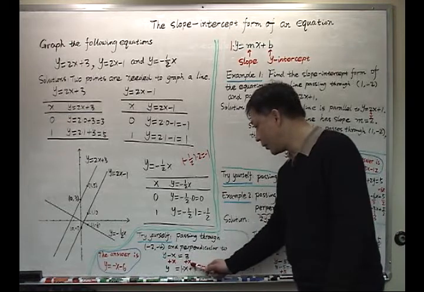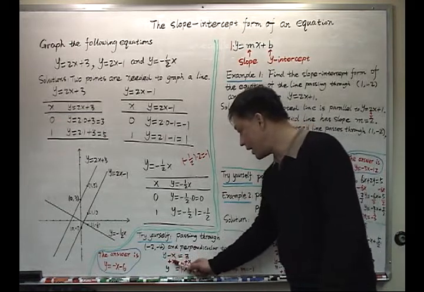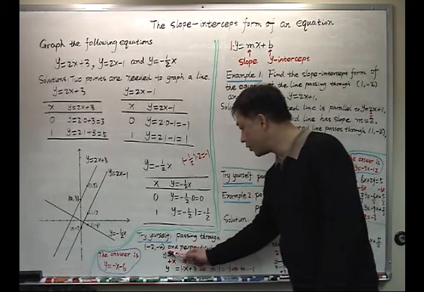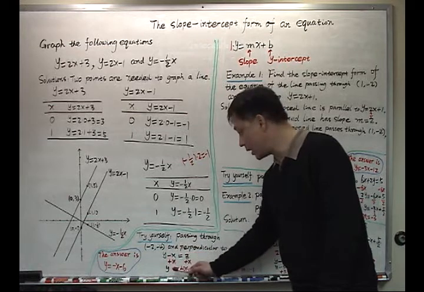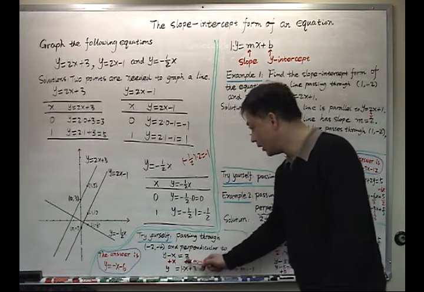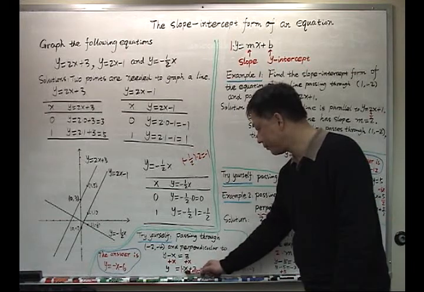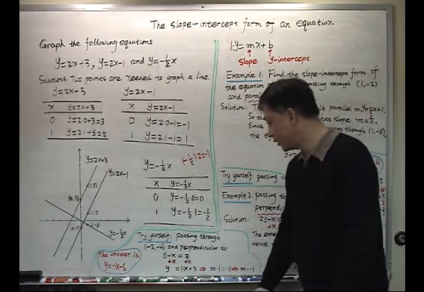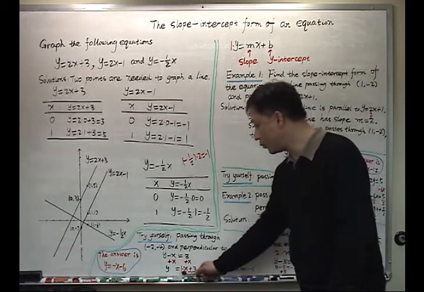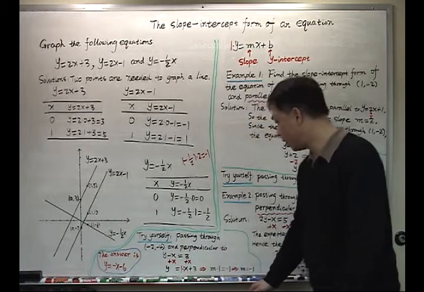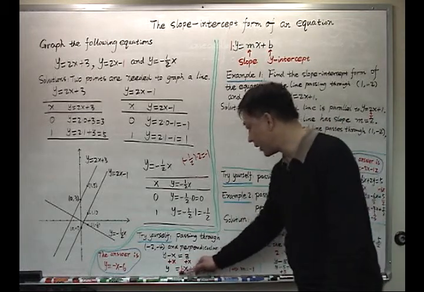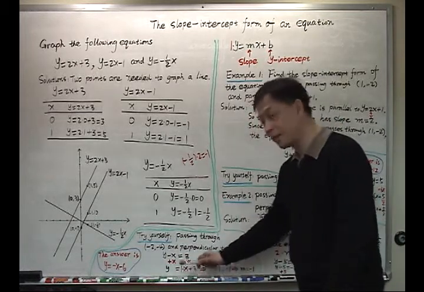You add x on both sides, positive and negative x cancel each other, so you have y on the left, x plus 3 on the right. And then you know x is 1 times x.